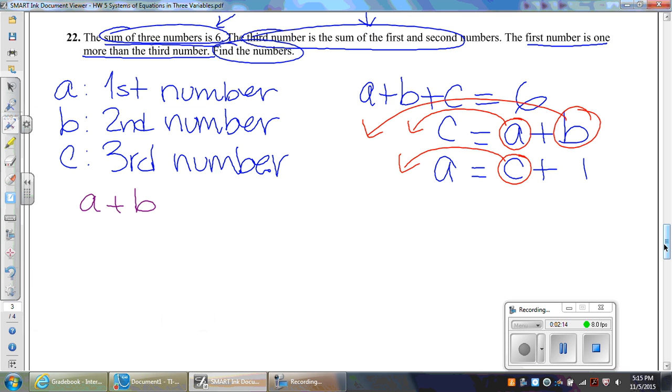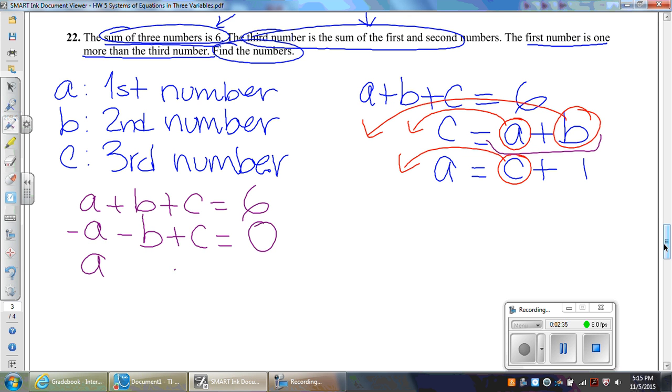A plus B plus C is equal to 6. My second equation will be negative A minus B plus C. And now you notice if we take these 2 variables to the left side, we're left with nothing on the right, so we represent that with a 0. And here we will have plus A minus C and then equals 1.